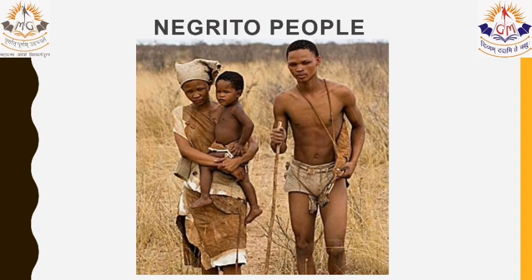They are of less height, that is an average height of 4 to 5 feet. They have dark wheatish color and they have curly hair. So these Negrito people migrated from eastern South Africa to India via Balochistan.